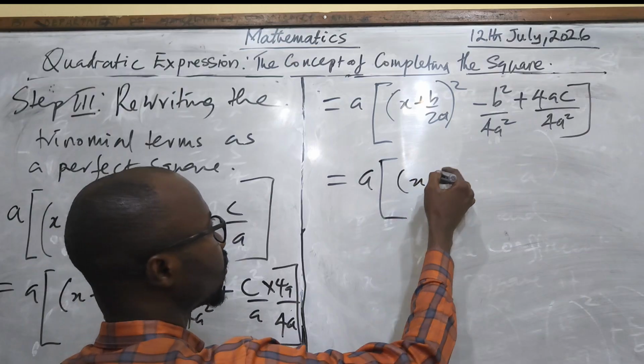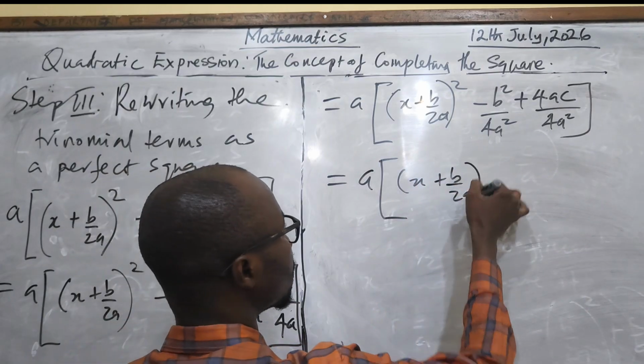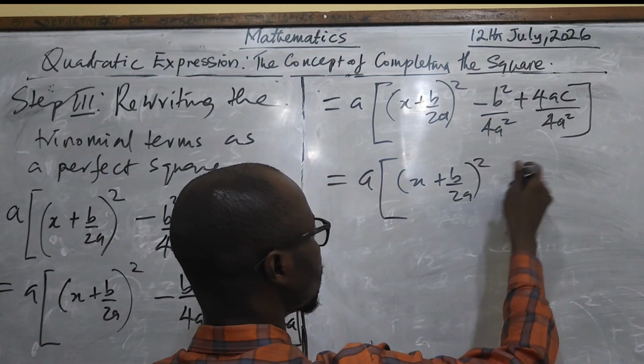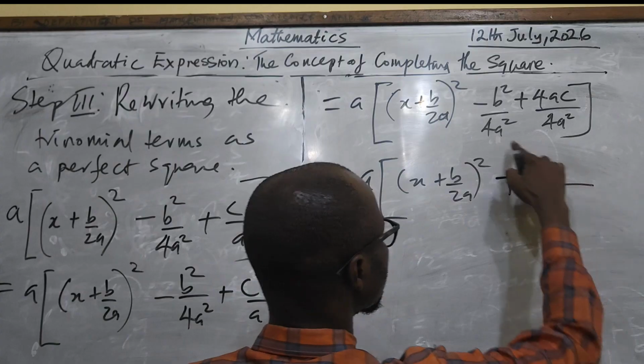So we have x plus b all over 2a all squared, and then plus, we take one of them.